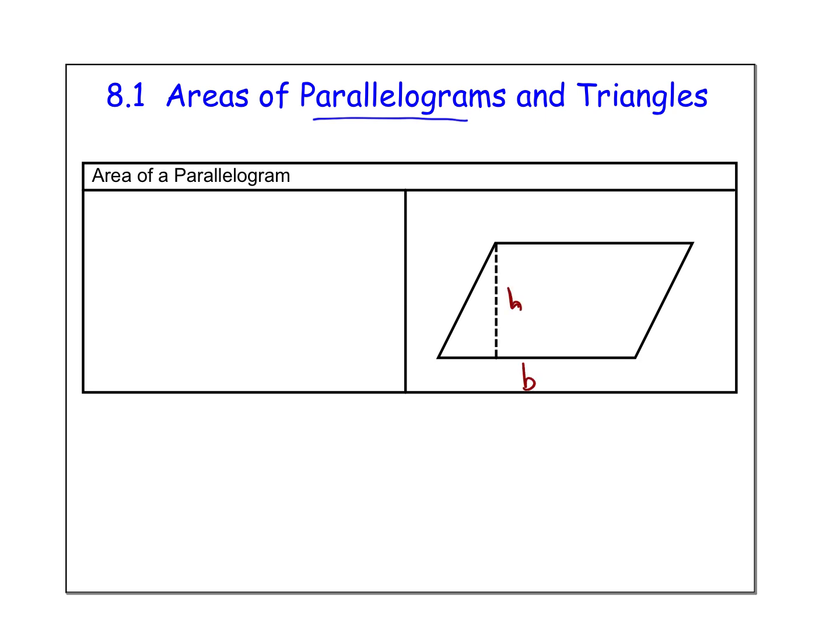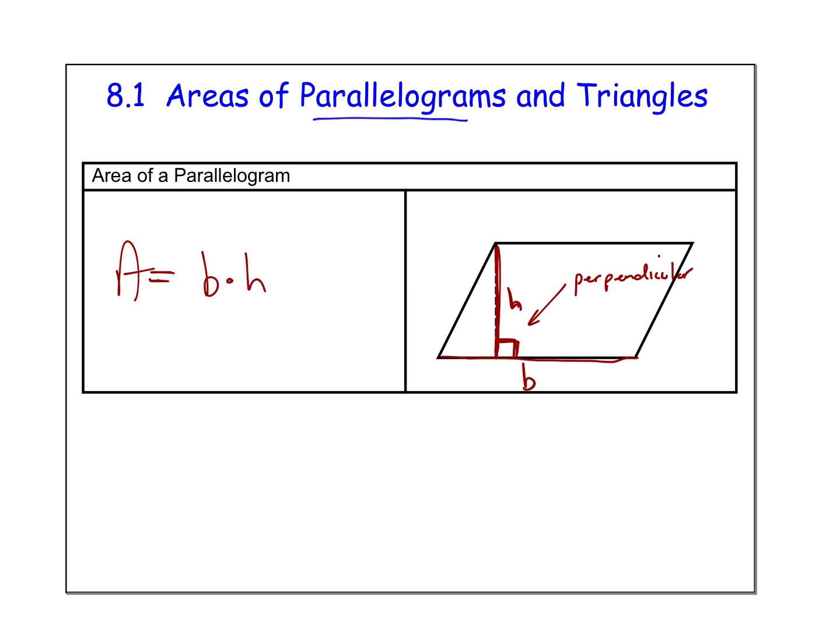Okay, base times height. So we call this a base. We call this a height, and how do you know it's a height? You know it's a height if there's a right angle there, okay? So this is a height basically because that is perpendicular. All right, so the area of any parallelogram, anything that fits under the parallelogram umbrella, is going to be found by doing this.